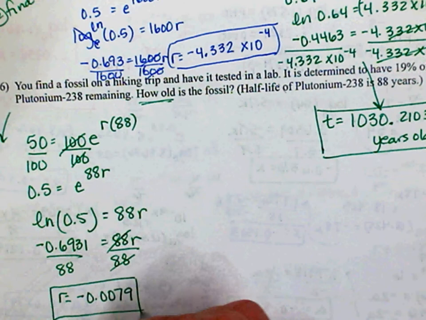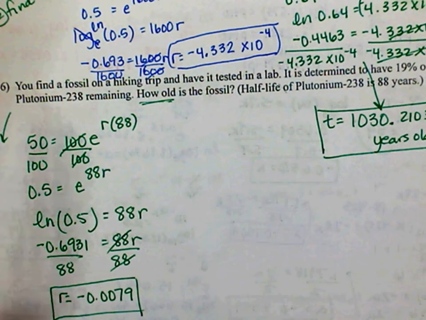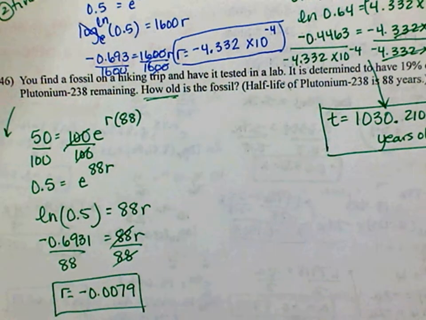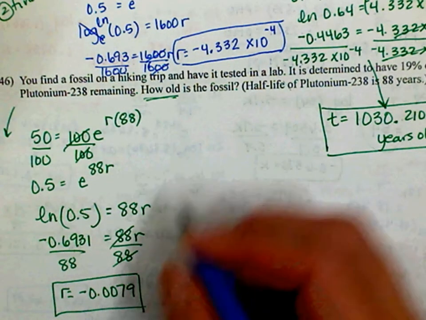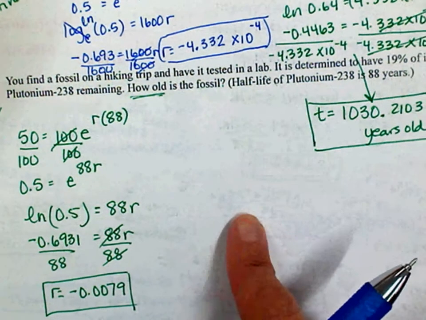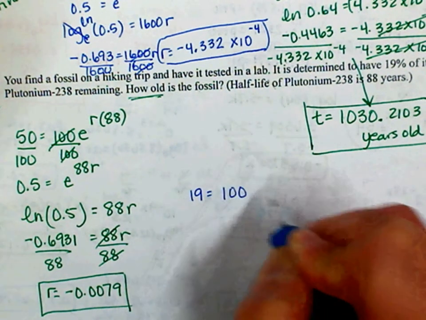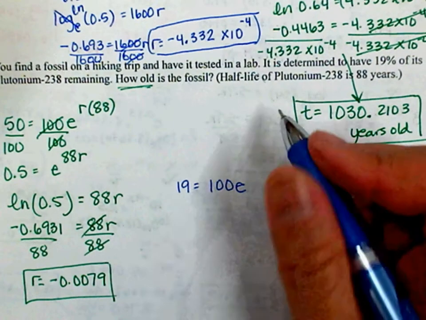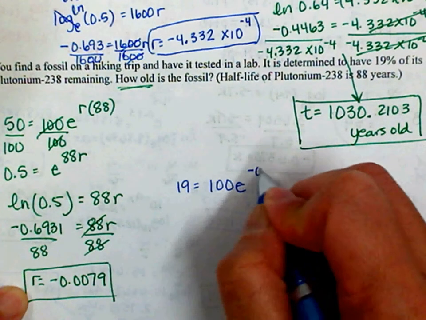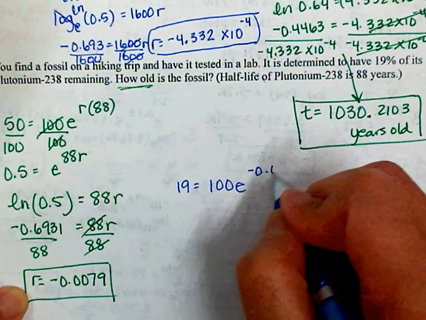Okay, it's actually decaying faster than number 45. All right. The question says how old, so now I'm going to use this rate to help me find how old it is. It only has 19%. Now remember, a percent is out of 100. That's why 19 out of 100 at the rate of negative 0.0079t.